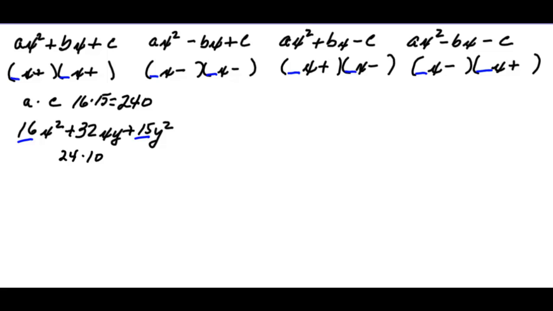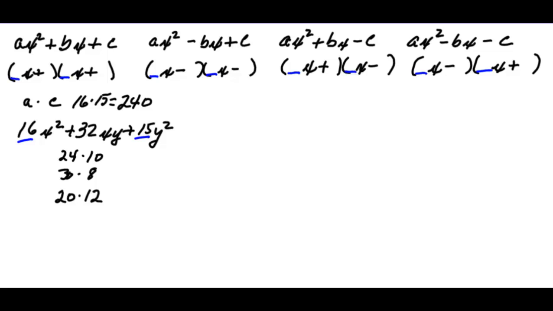Well, that's 240, but when added together, that gives me 34. Well, what if we took 30 times 8? Well, 30 times 8 is 240, but when added together, that gives me 38. So it's got to be something smaller. Let's try something smaller than that. What if I take 20 and multiply that by 12?